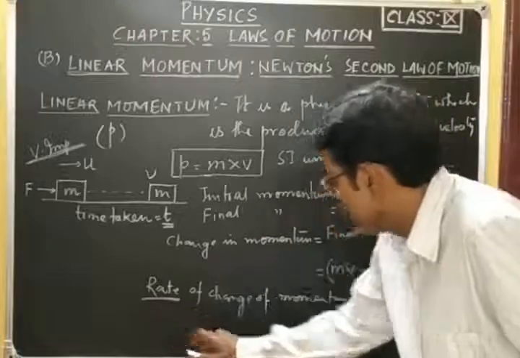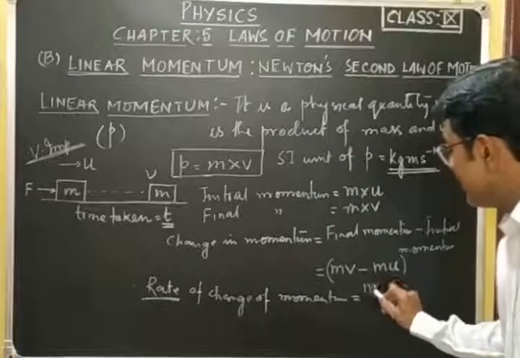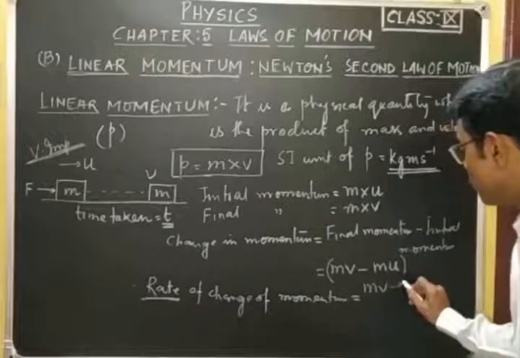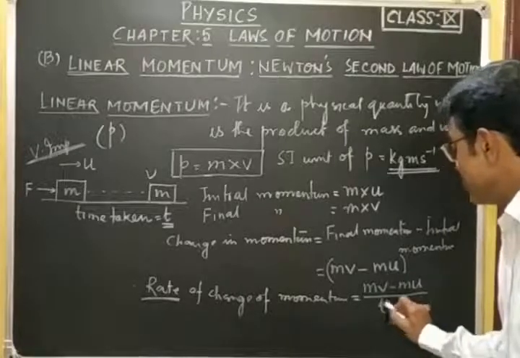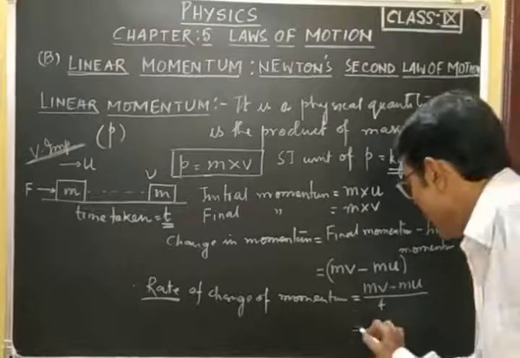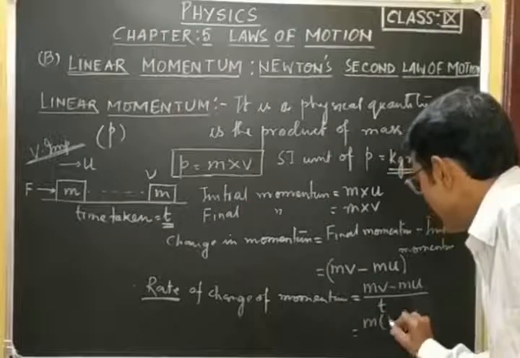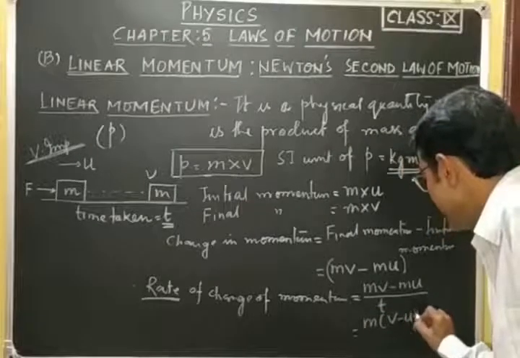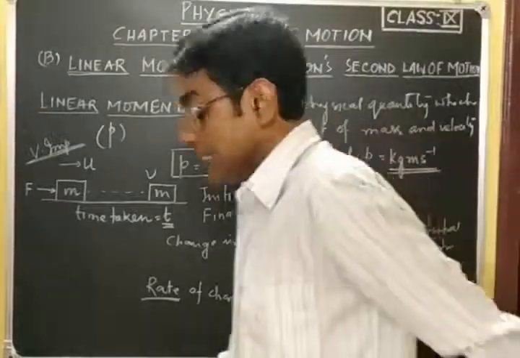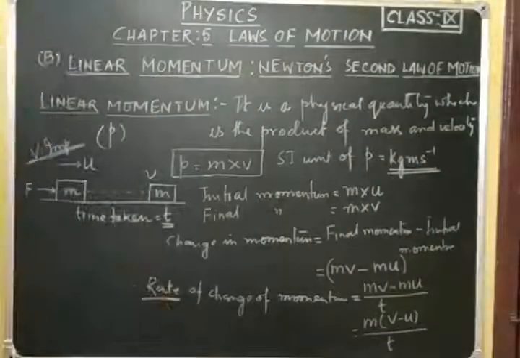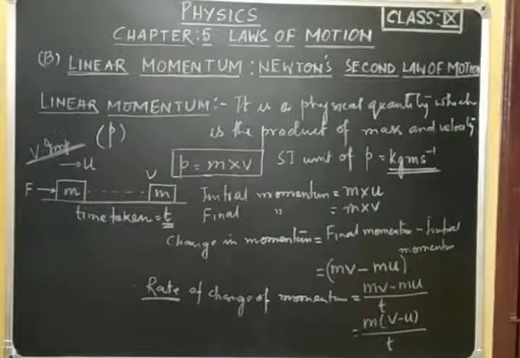Rate of change of momentum means I will be dividing that quantity by t. Easily I can take m common, that becomes v minus u divided by t. So rate of change of momentum is equal to m into v minus u by t.